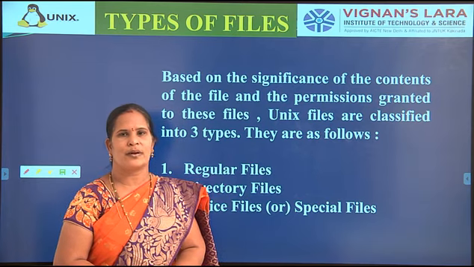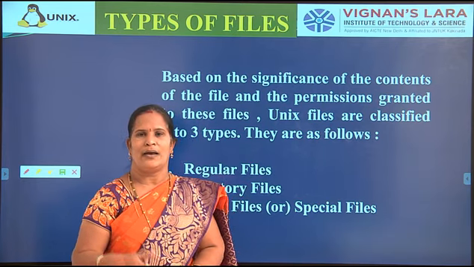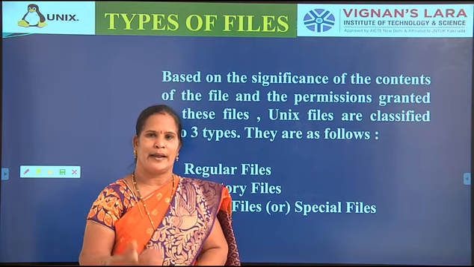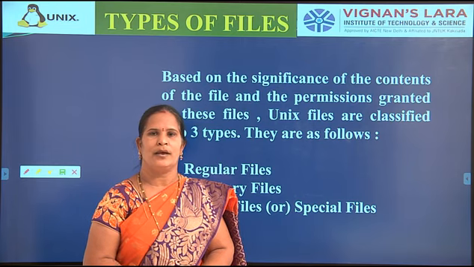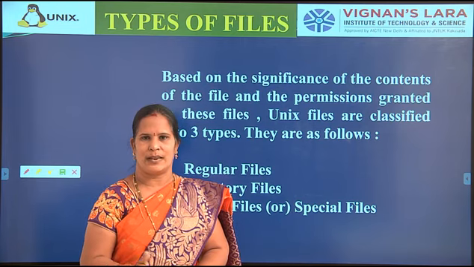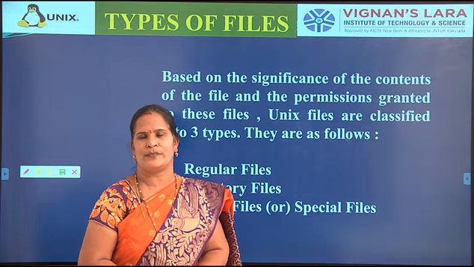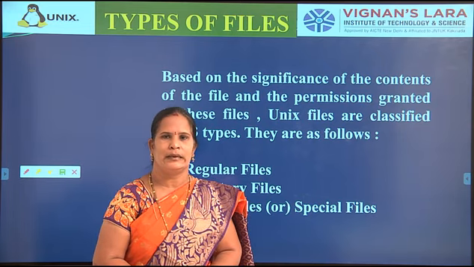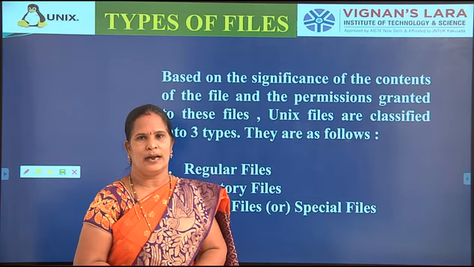In the Unix operating system, by using various commands, we can assign read permission, write permission and execute permission to files. Similarly, we can remove the permissions from users. Three types of users are available in the Unix operating system, which we already discussed in the previous sessions: owner, group and others.